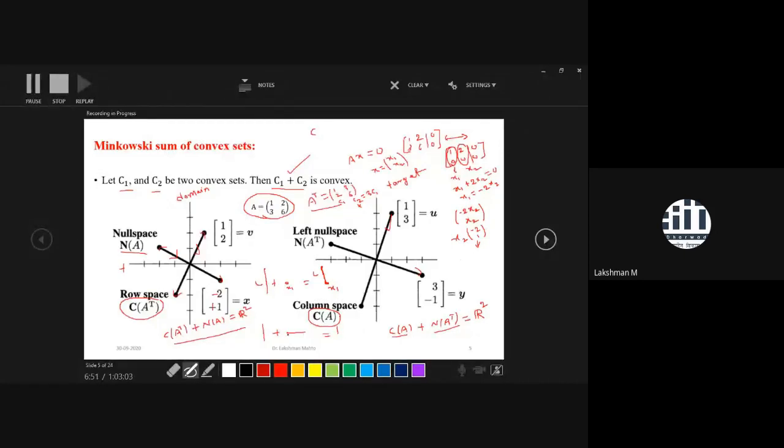Take another point and sum with this line, then you will get another line. In that way you will get a collection of lines. All these lines together form a square. So the sum of a vertical line segment with a horizontal line segment gives a square.